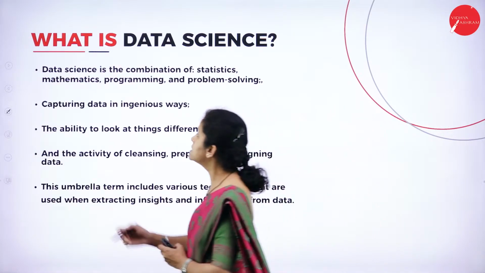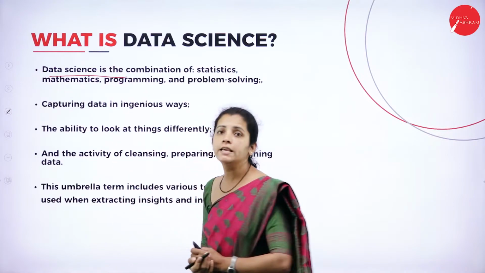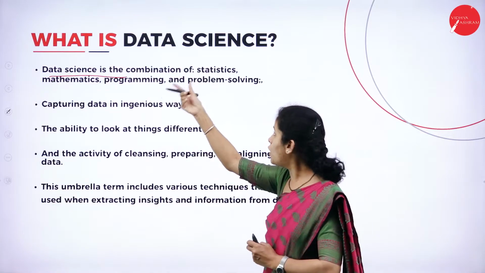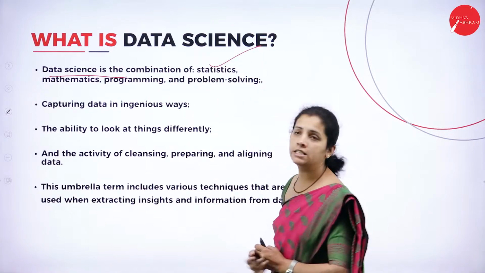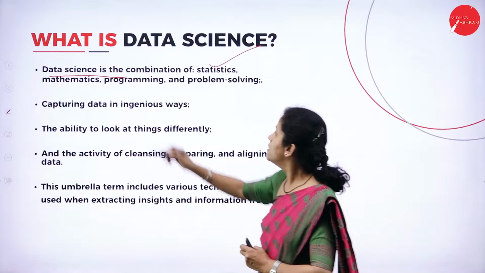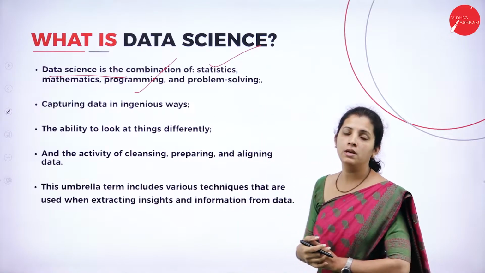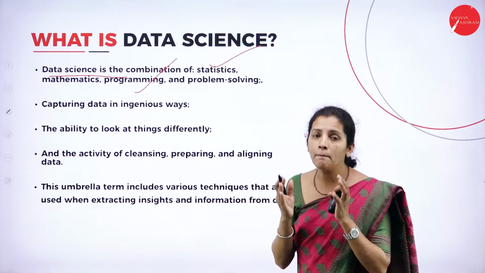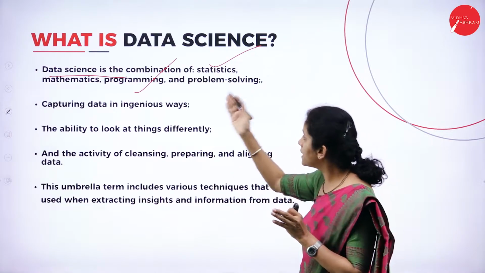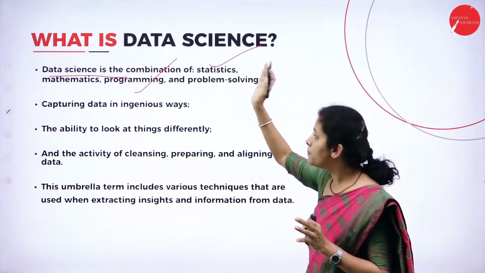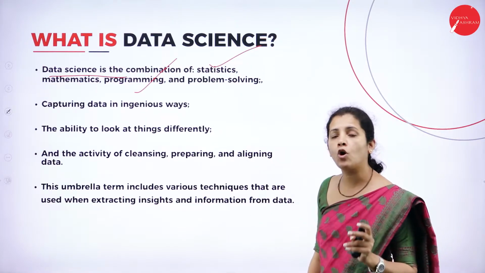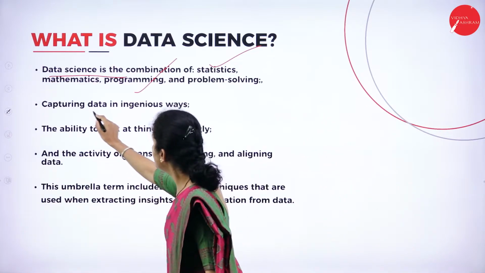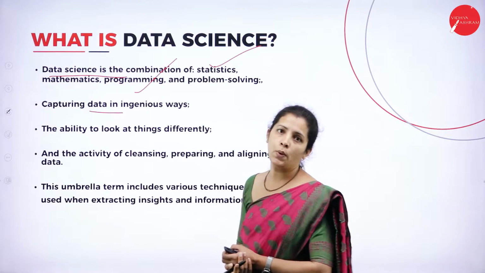Data science is a combination of statistics, mathematics, programming and problem solving. It is going to combine the fields like mathematics, statistics, programming as well as problem solving. So it includes capturing data in ingenious ways.